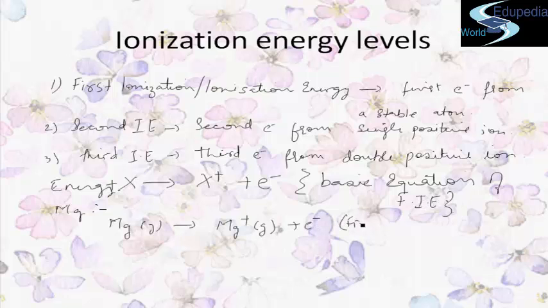This is the first ionization energy, where 738 kilojoules per mole of energy is required to remove the first electron. Then we remove the second electron and get the doubly charged ion.